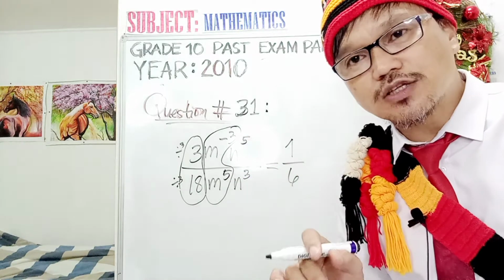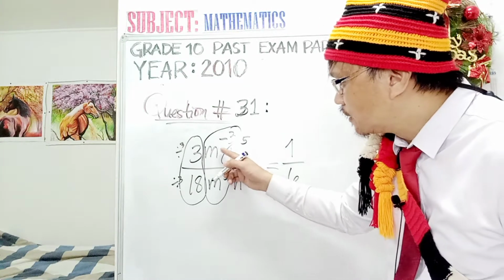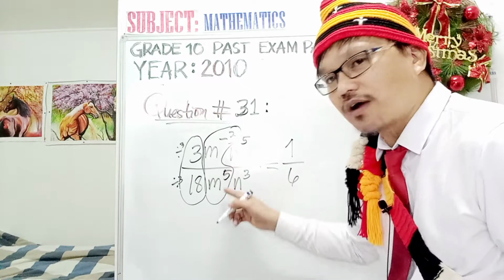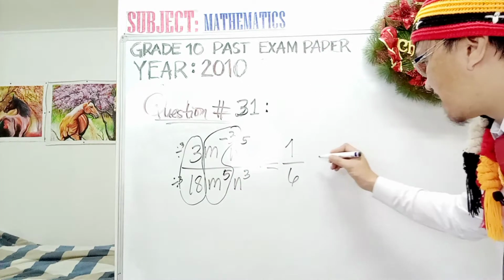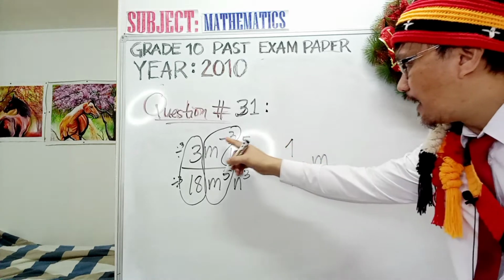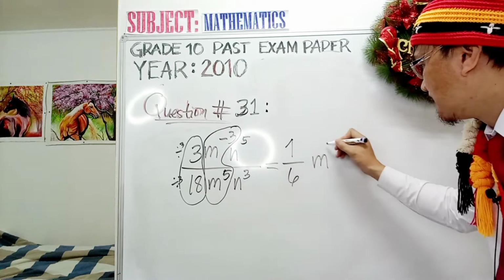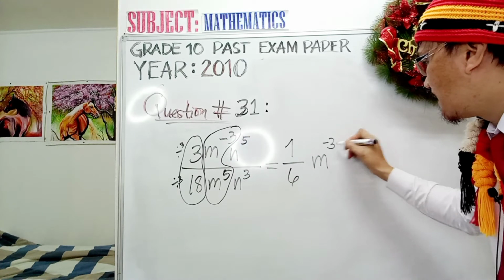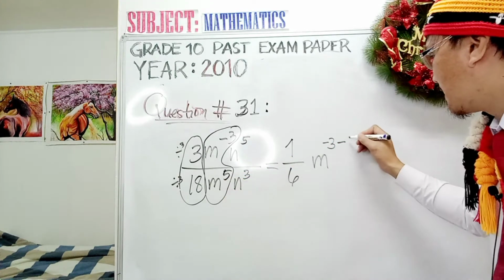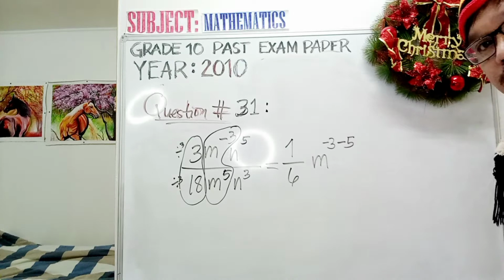That is rule number 2, which says that you are going to subtract the powers. So you copy the common base, which is m, and then negative 3 minus 5.